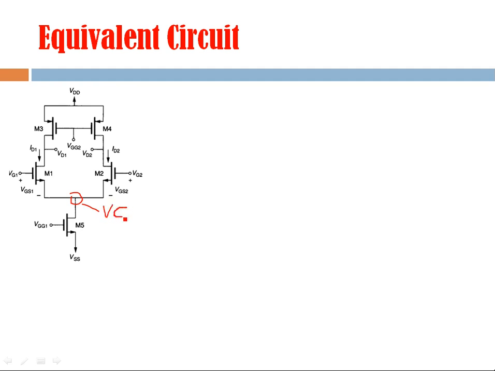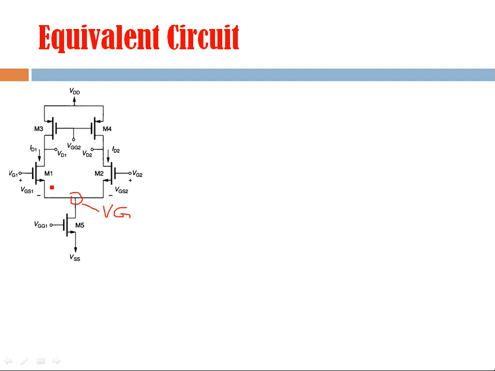Virtual ground, because these branches are designed symmetrically, and whatever changes are there in the AC current, suppose this branch has some change, this branch will also have a similar change, but the only difference will be that they are opposite in sign.